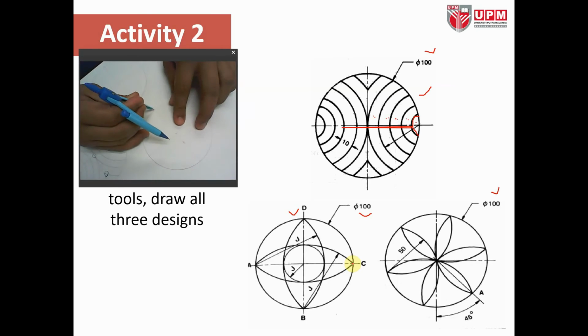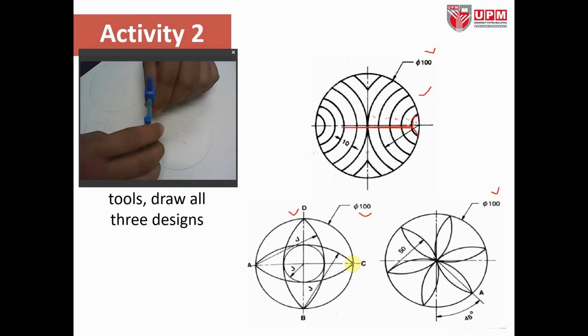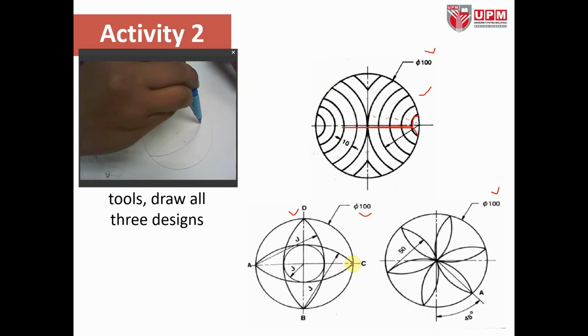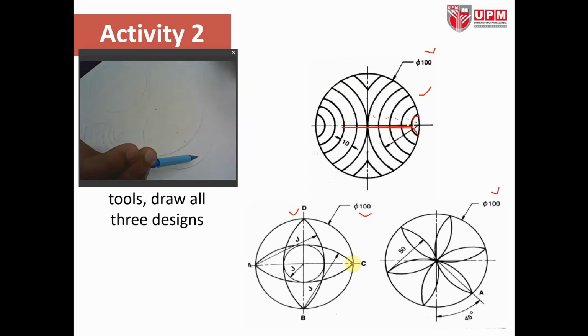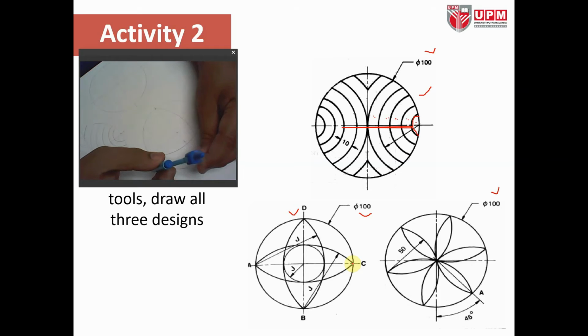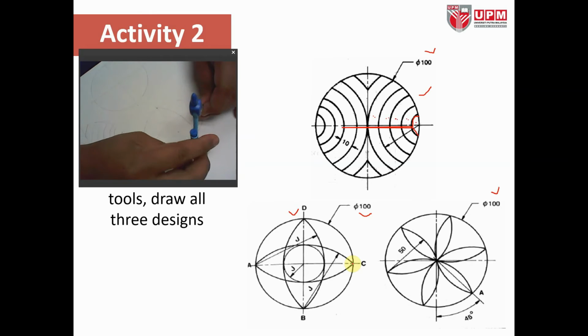From point B we are going to move the compasses to the end of point C here, and then we draw the circle. Then from point C we are going to draw another circle here, and then from point D do the same thing, and then from point A also do the same thing.